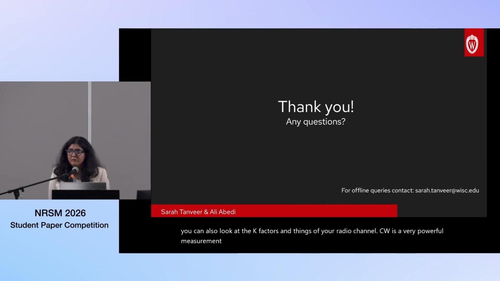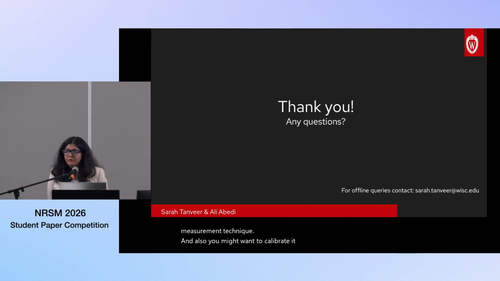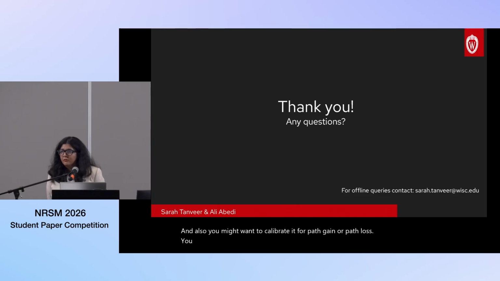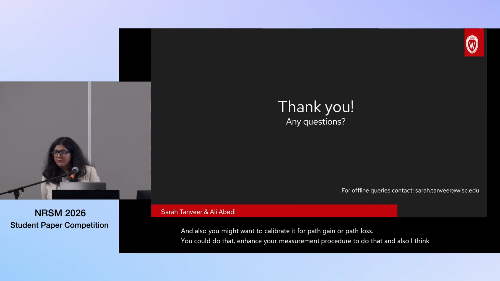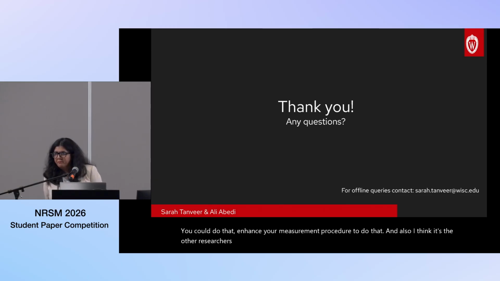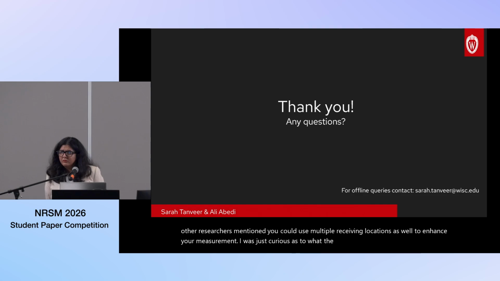Also, you might want to calibrate it for path gain or path loss. You could enhance your measurement procedure to do that. And as the other researcher mentioned, you could use multiple receiving locations as well to enhance your measurement. I was just curious what the source-victim scenario was that you're looking at.